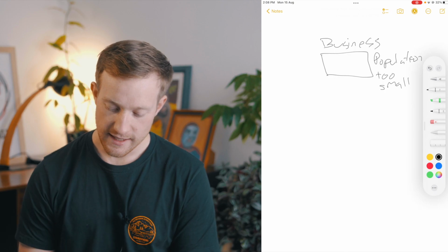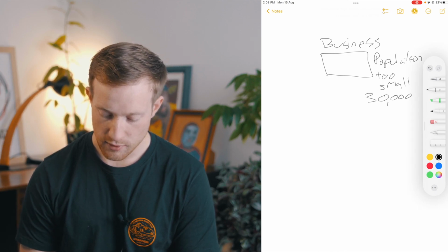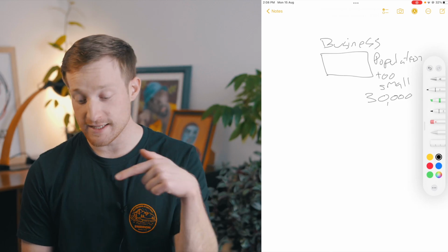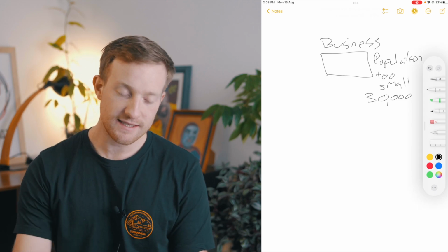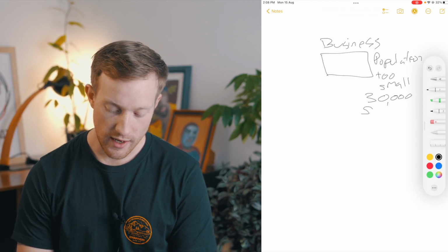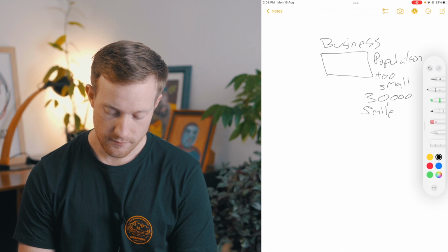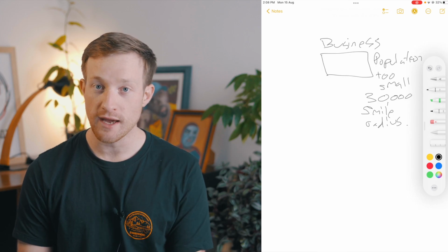I'm going to say too small is 30,000 people or less. If you have less than 30,000 people, I would say you have quite a small population in your local town. And let's say this is within a 5-mile radius of where you're located.